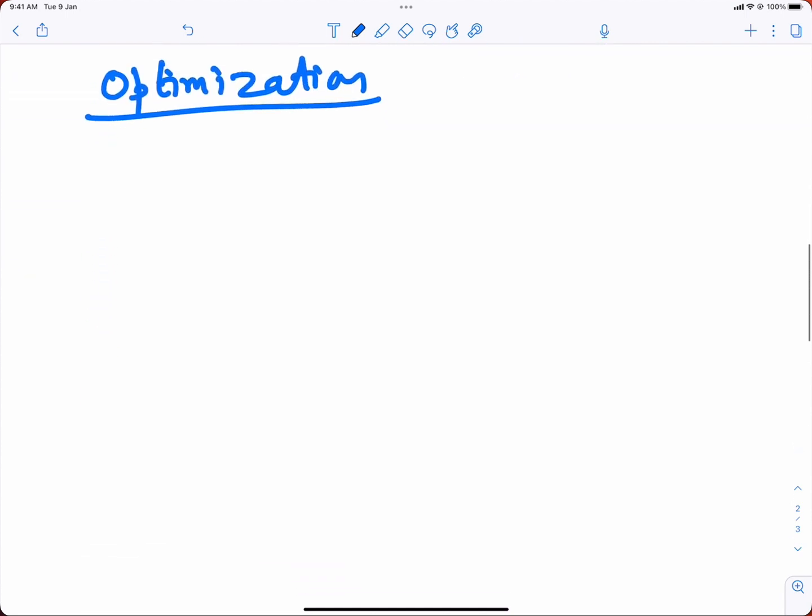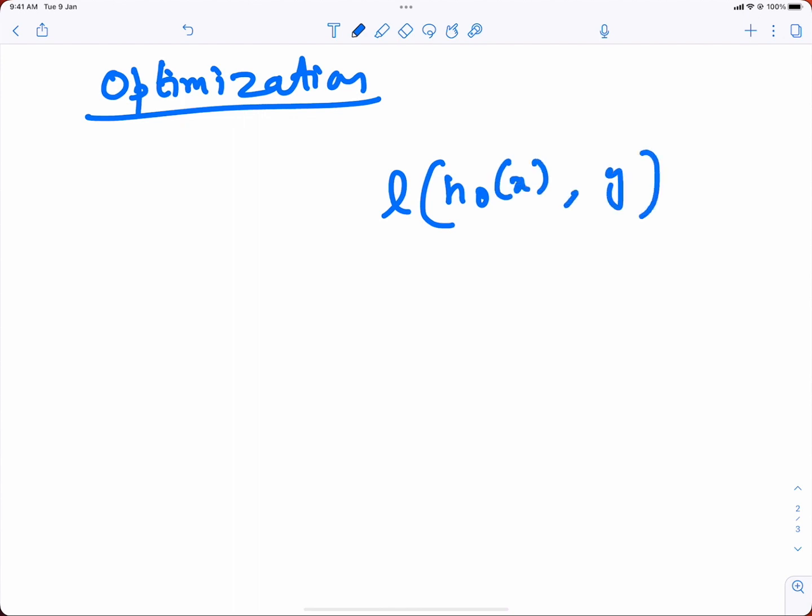The loss for one particular example is L of h theta of x and y, this notation we know. If we want to compute it for all the examples, then we can say L of h theta of x_i and y_i, and then we need to add all of these losses.